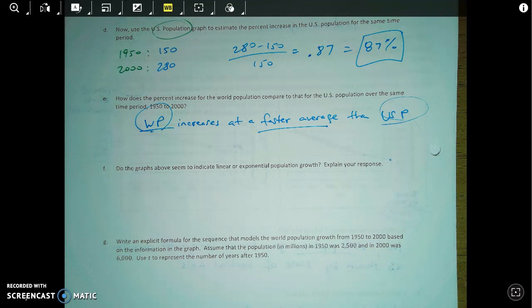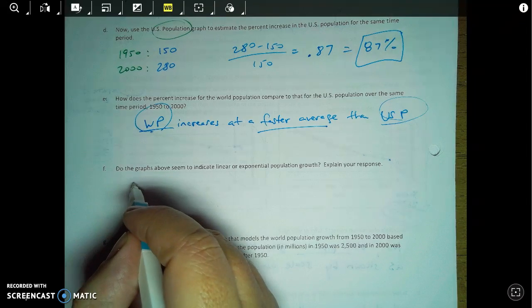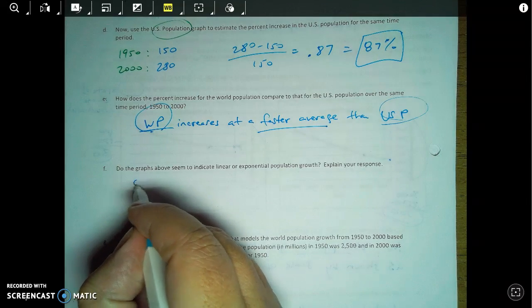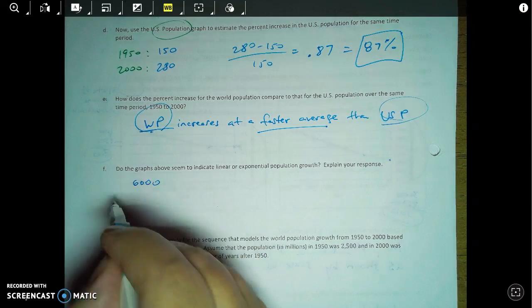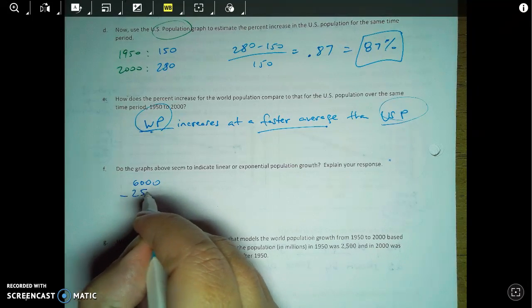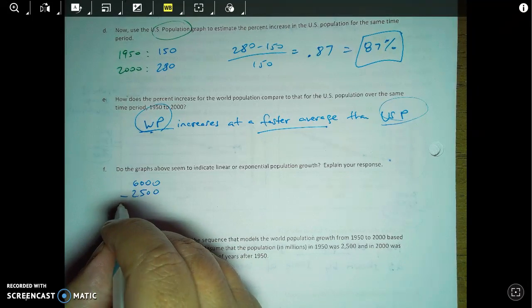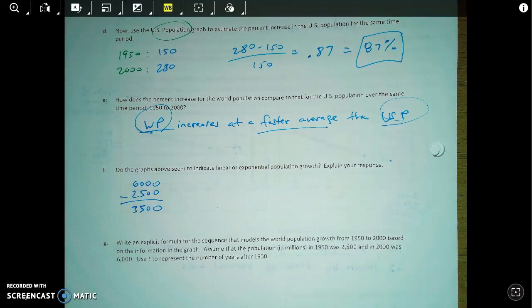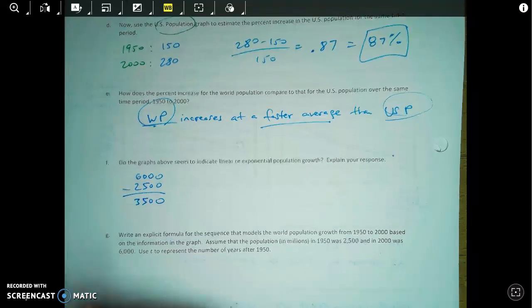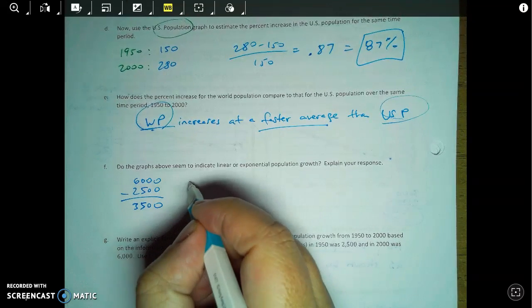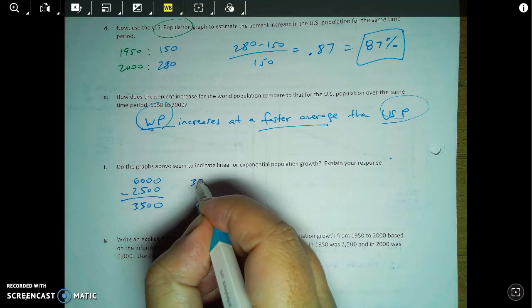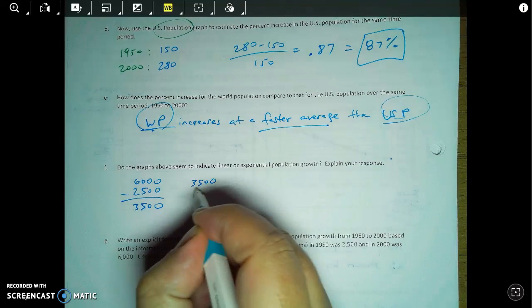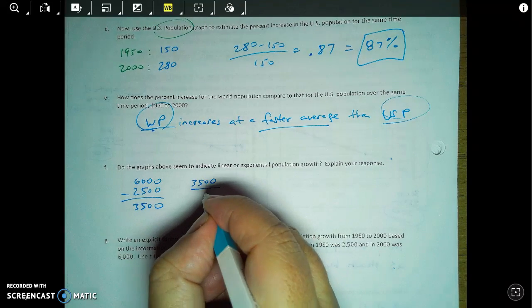I just want to show you how to calculate the average rate. In the first one we ended up at 6,000, so we subtract the initial, which was 2,500. So that's 3,500, and then we divide 3,500 by how many years we have.